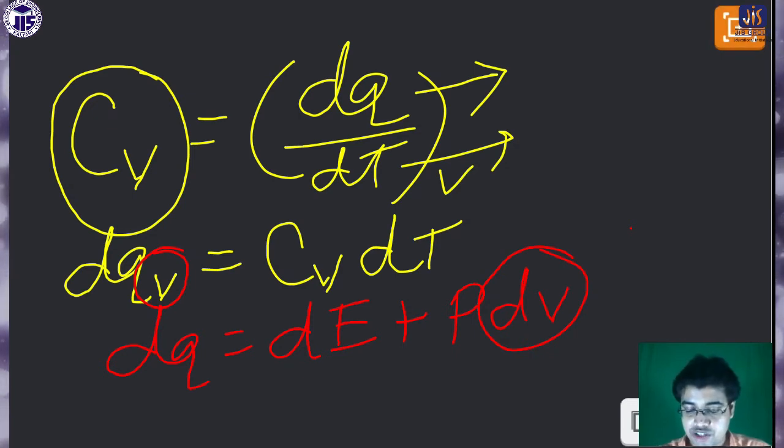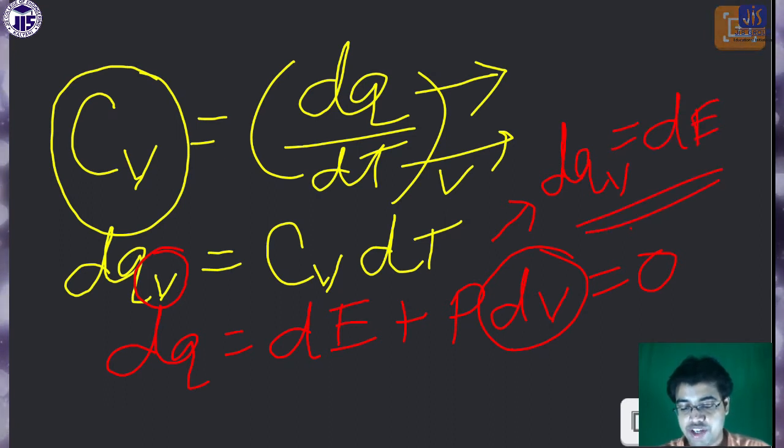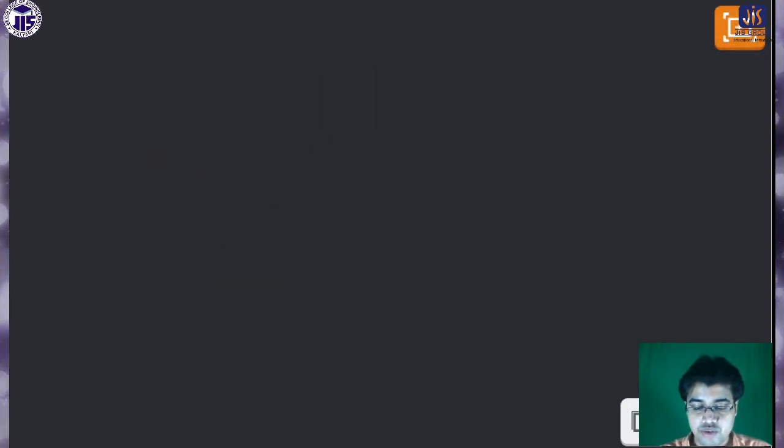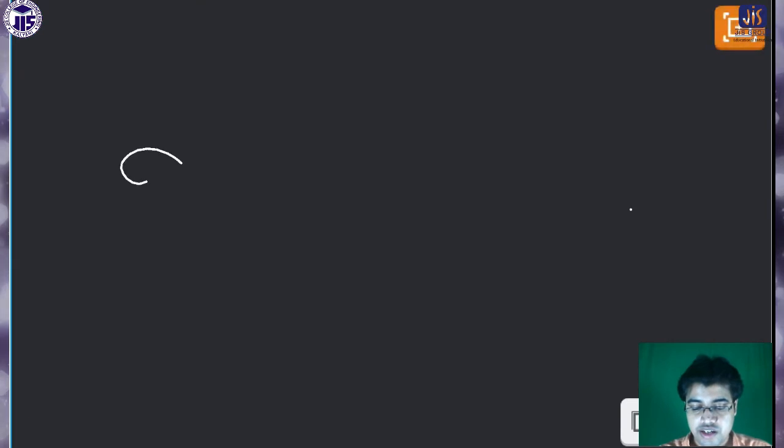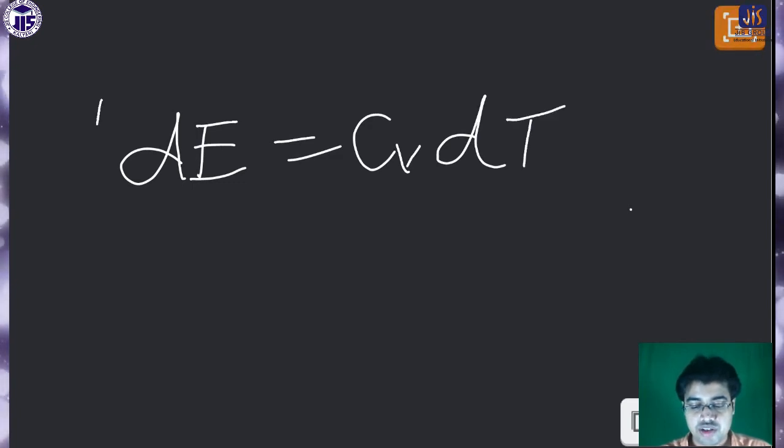So if dV equals 0, then dqv equals dE. If dqv equals dE, we can write that dE or dU equals Cv dT. So this equation is very important.